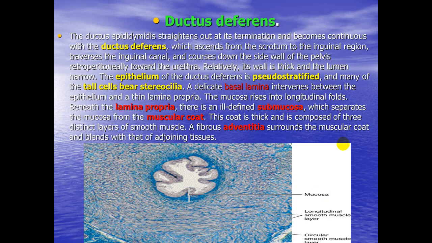Ductus epididymis leaves the epididymis on its lower part and empties into the ductus deferens. Ductus epididymis straightens out at its termination and becomes continuous with the ductus deferens.